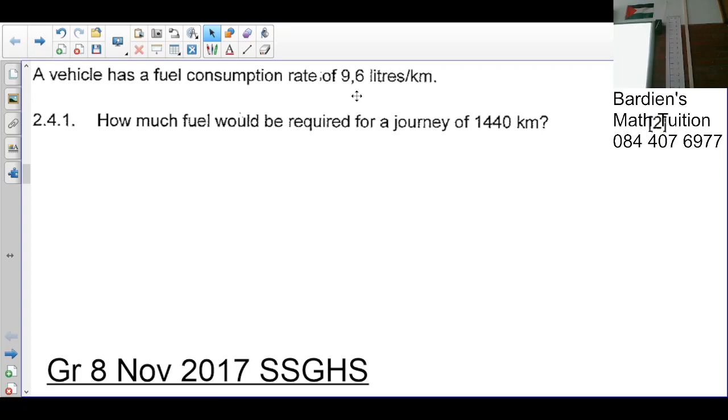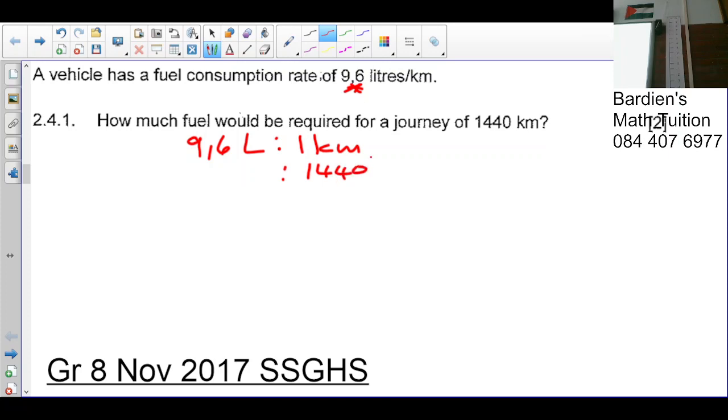So the question says how much fuel would be required for a journey of 1,440 kilometers. So the fuel consumption is 9.6 liters per 1 kilometer. But like I say, this conversion is completely out. So if I'm just going with that, it's 1,440 kilometers.